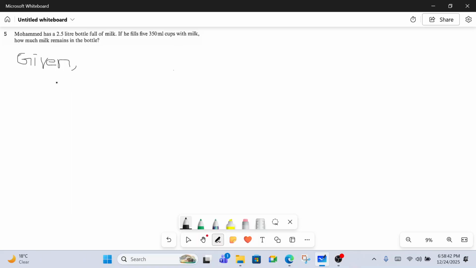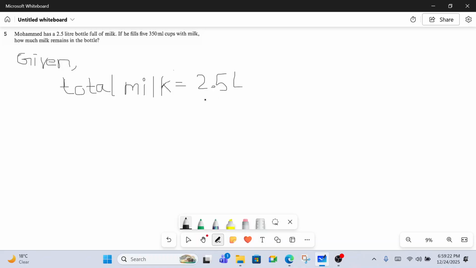Let's write it total milk, since this is the total milk he has. Okay, so total milk equals 2.5 liters.